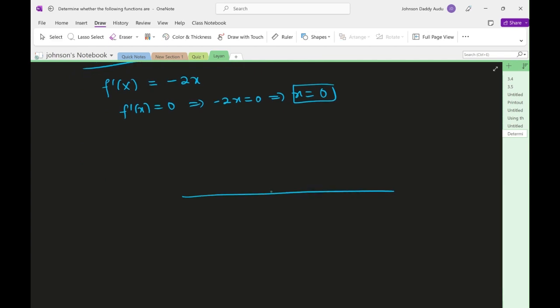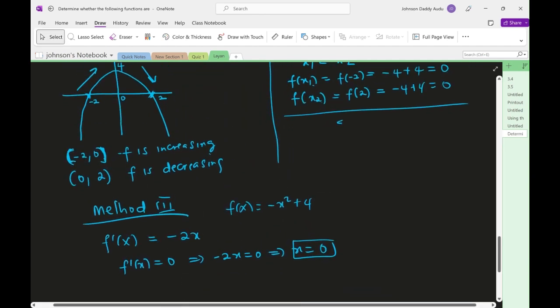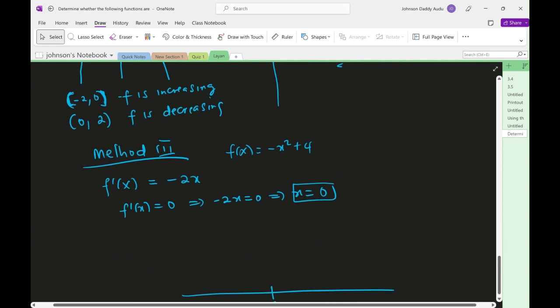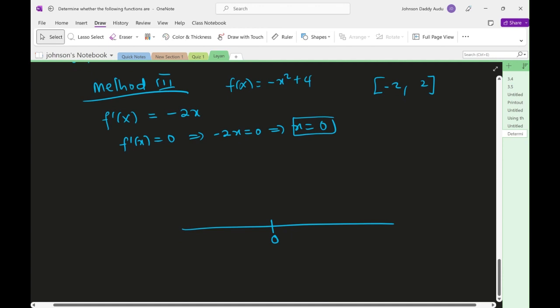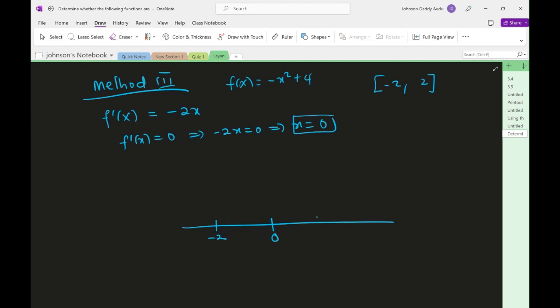So what you will do is come to your number line. The critical point should always be on the number line. Remember, we have an interval. The interval is -2 and 2. So since the critical point is between -2 and 2, put -2 here and put 2 here. So you have to check the sign of f prime in this interval.